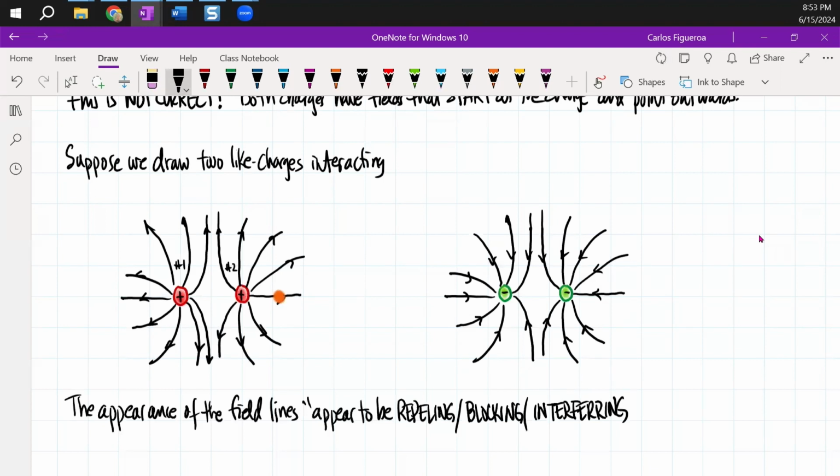It looks like, because they look like they're pushing off each other, that at this point right here, you're getting some of that behavior.